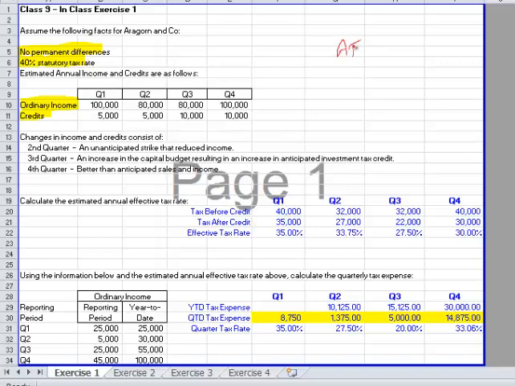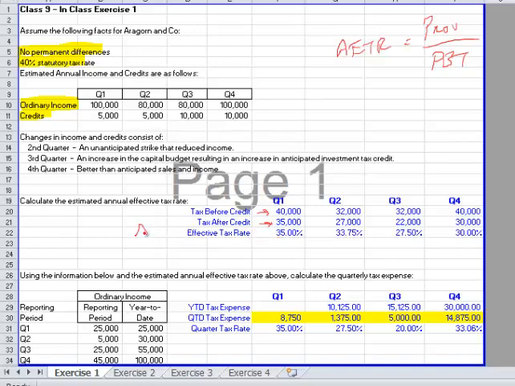Remember, our AETR is going to be our forecasted provision divided by our forecasted PBT. Okay? So if you took $100,000 of forecasted provision times 40%, that would be your forecasted tax before credits. It would be 35 after credits.